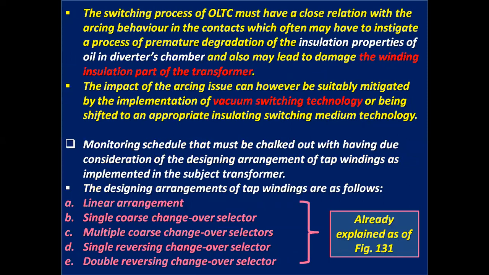Now, the switching process of OLTC has a close relation with the arcing behavior, which often may instigate premature degradation of the insulation properties of oil in the diverter's chamber, and also may lead to damage to the winding insulation part of the transformer.